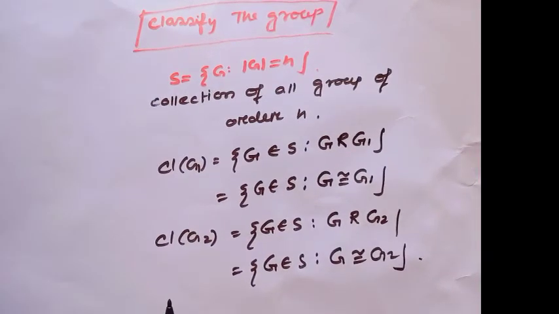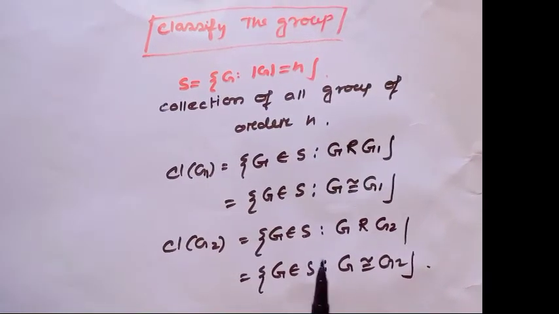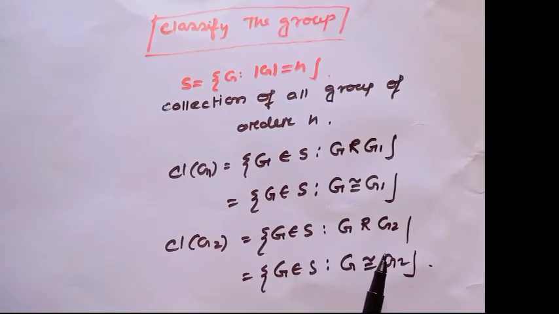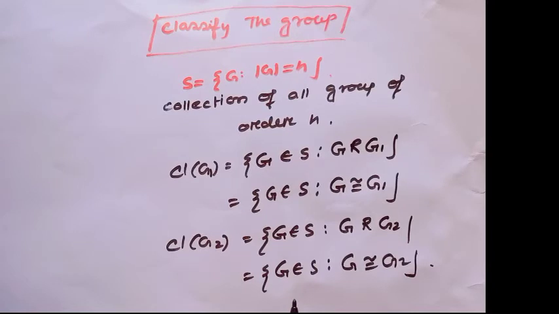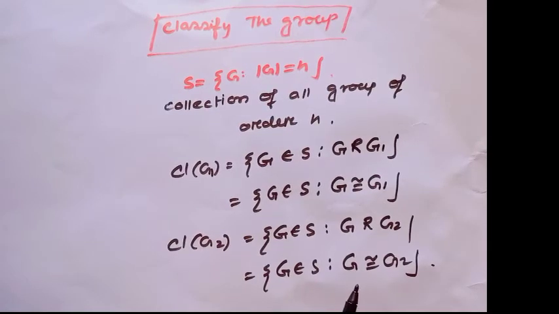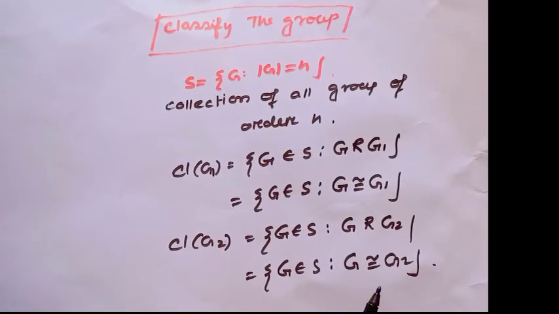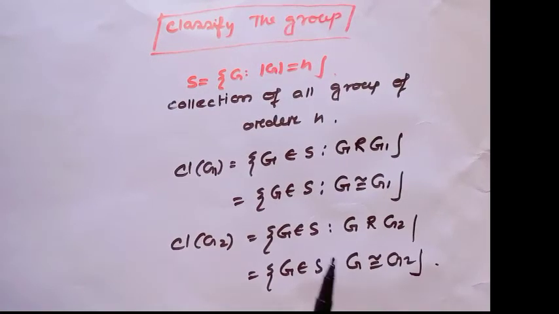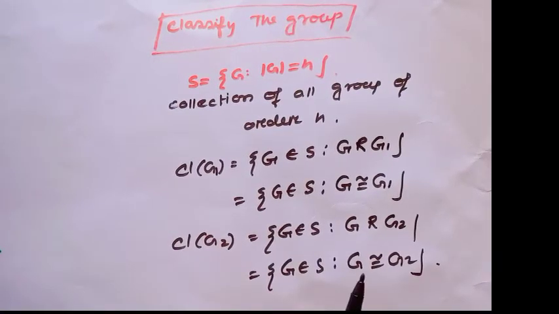And the class of G2 equals the set of all G in S such that G is isomorphic to G2. Are you getting it? Class of G1, class of G2?